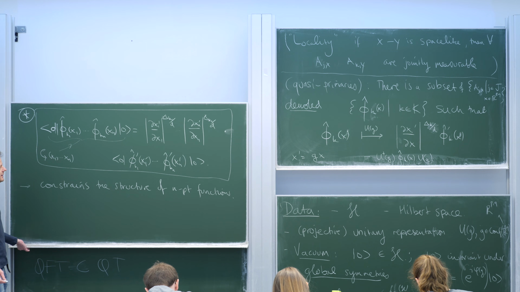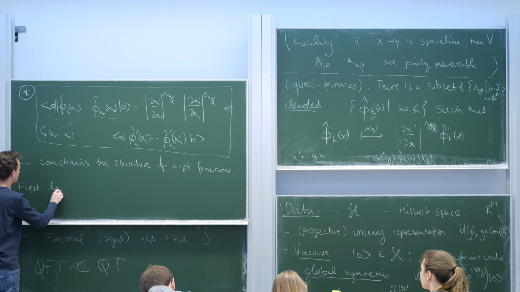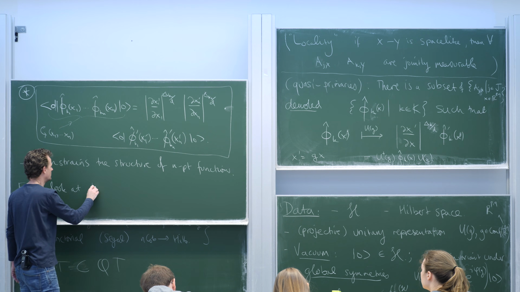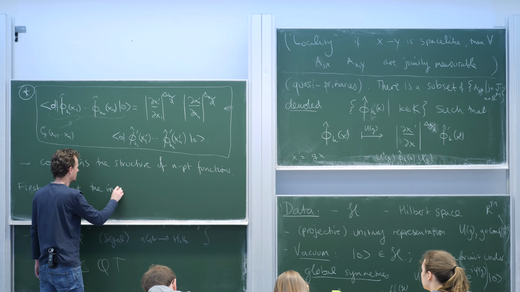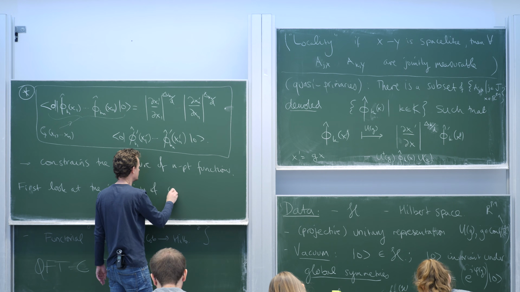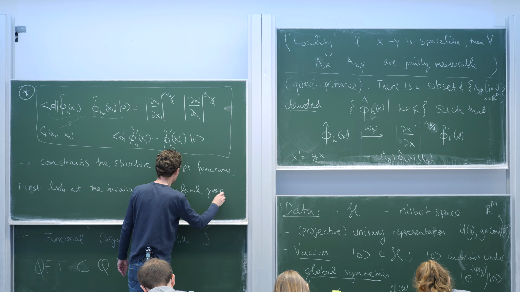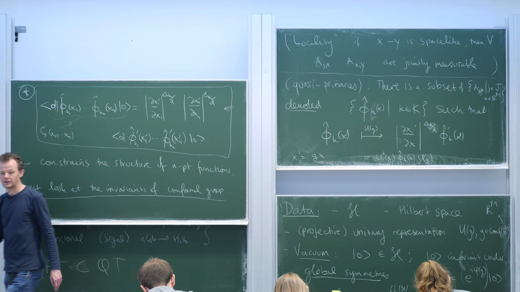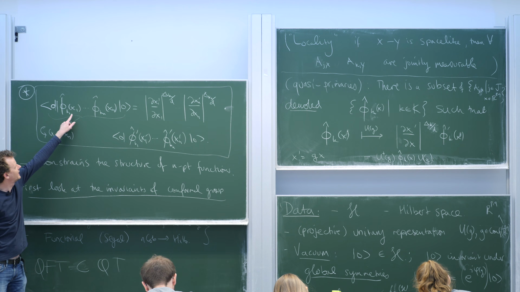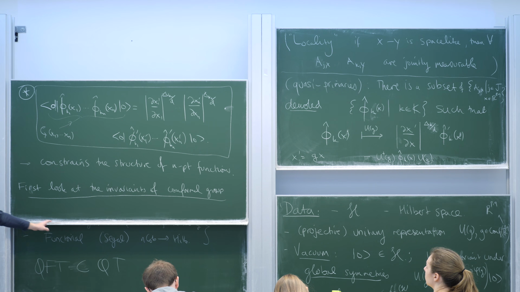And to understand what that functional dependence on x1 through to xn actually can be for a conformal field theory, we're going to look at the invariance of the conformal group, just acting on space-time.